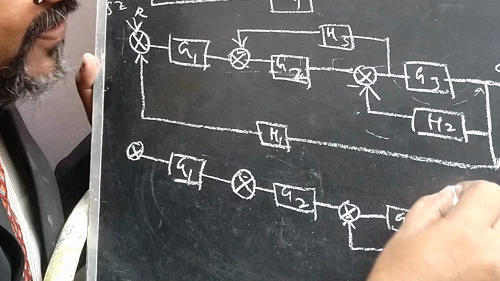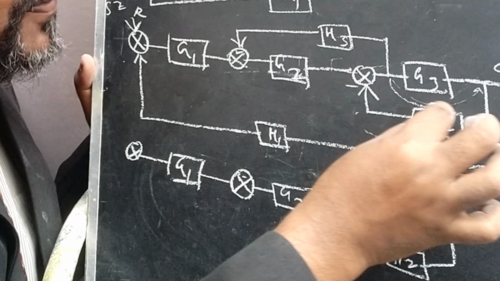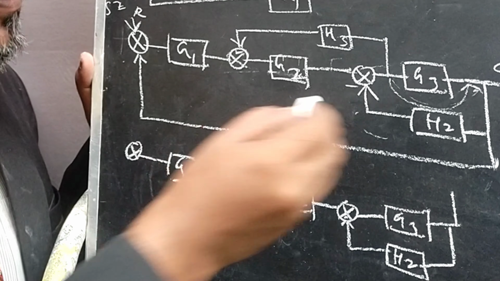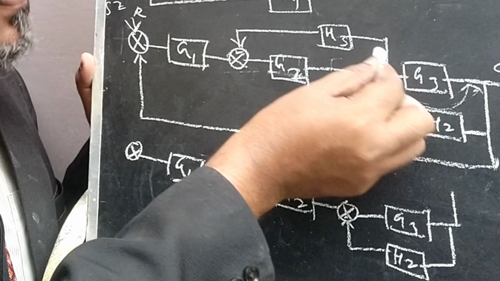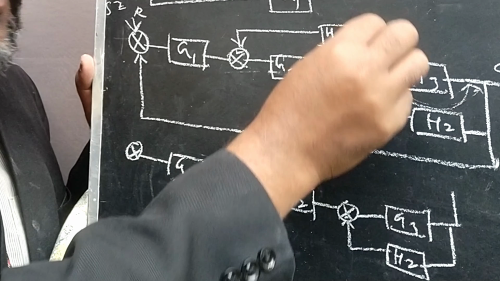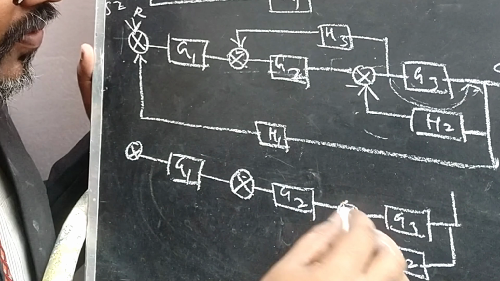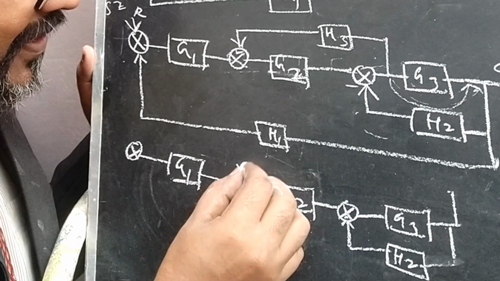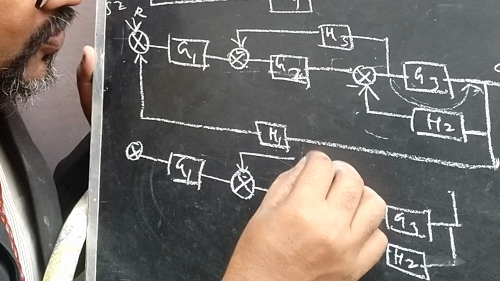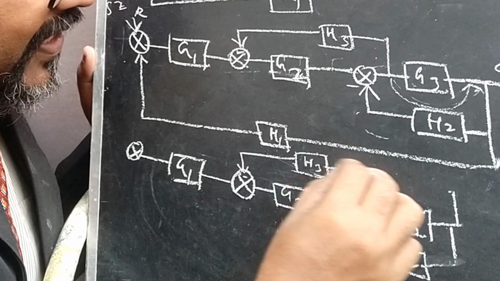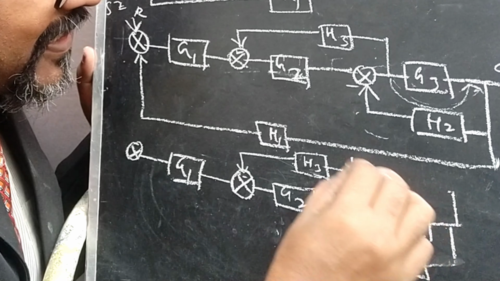If you want to shift this branch point here, then what do we need to do? We need to reciprocate the block of this. So along with the H3 you need to multiply 1 by G3. H3 is already there in the block, then along with the H3 we need to multiply 1 by G3.